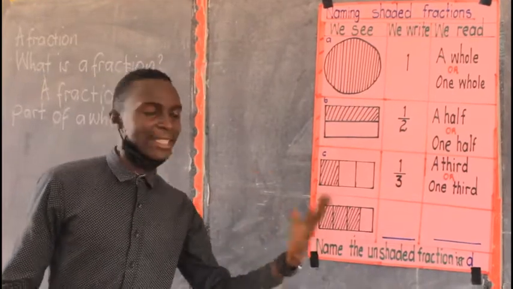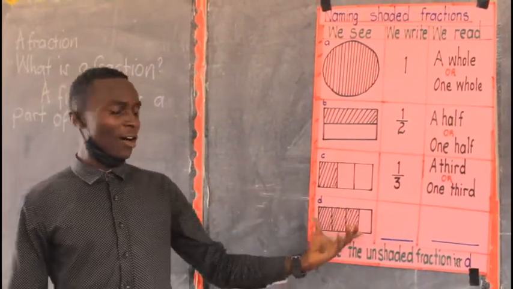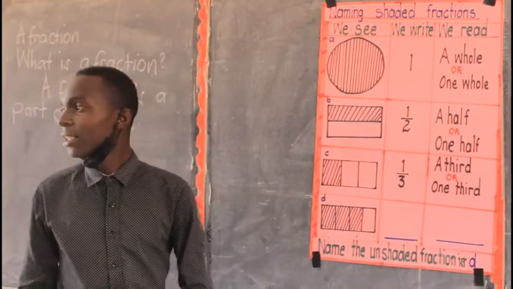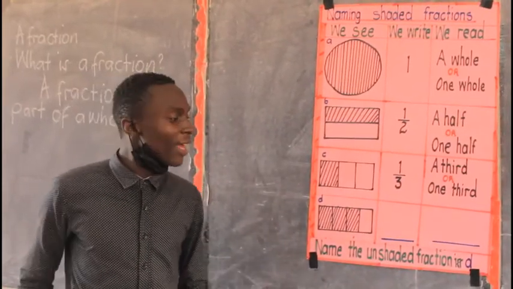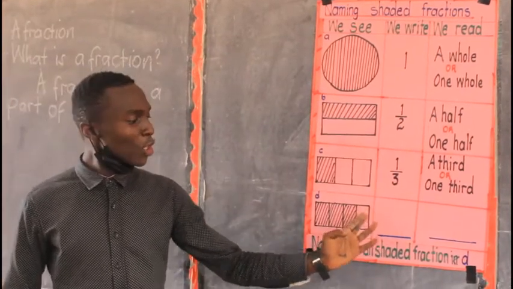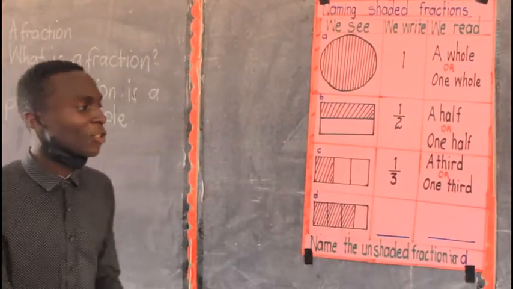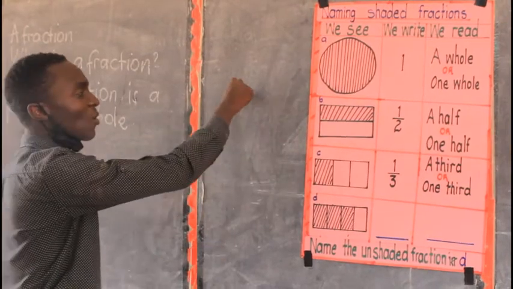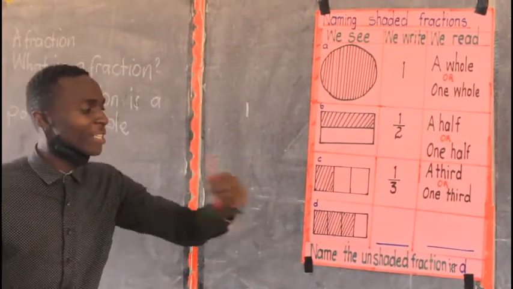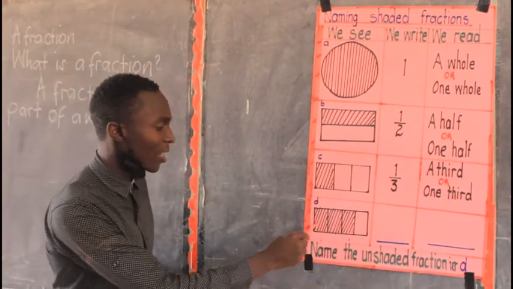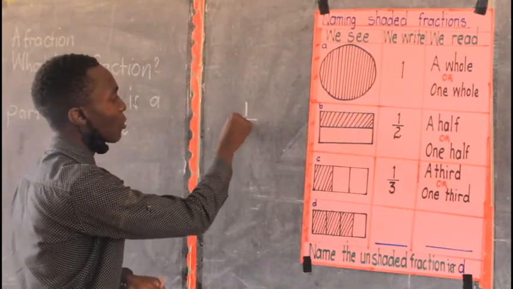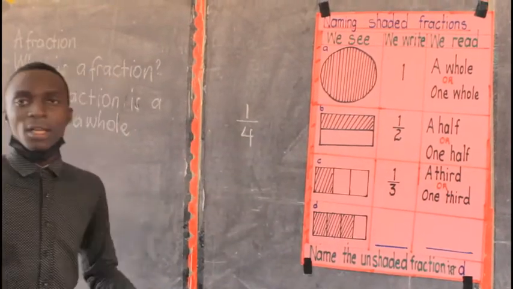How many parts are unshaded out of these 4 parts? It is only one part which is unshaded, so we write one part which is unshaded, out of how many parts were there? 1, 2, 3, 4. We say out of 4.